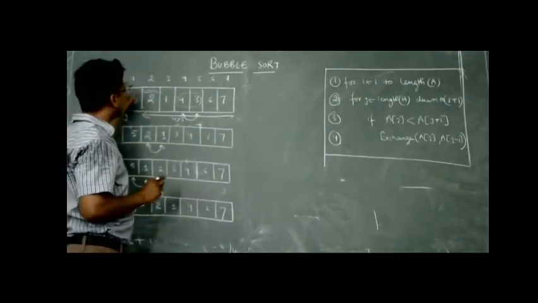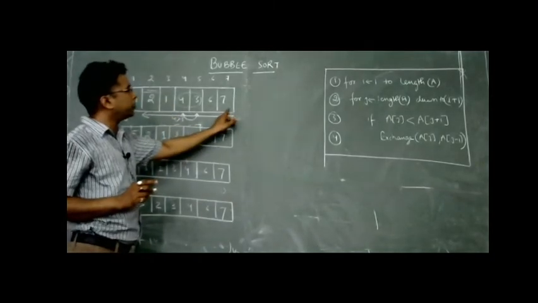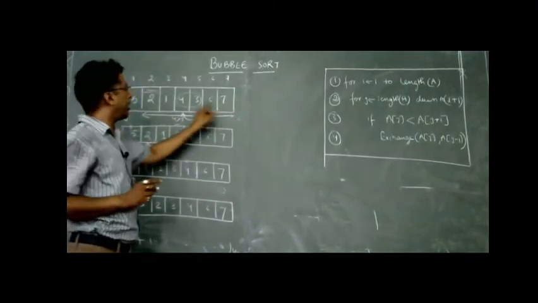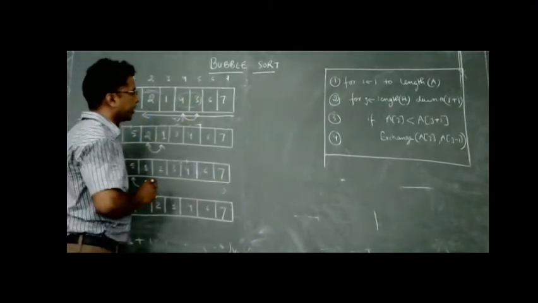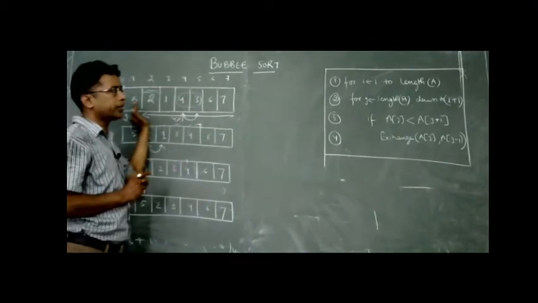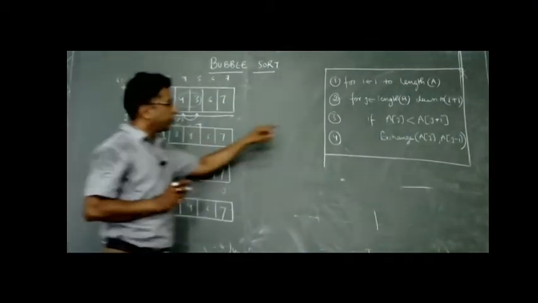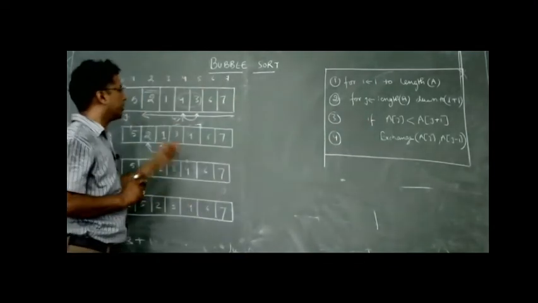But in the first iteration, we shall start from the end of the array and we shall move towards the left hand side of the array. While moving towards the left hand side, what will we do? We shall check whether a[j] is less than a[j plus 1].